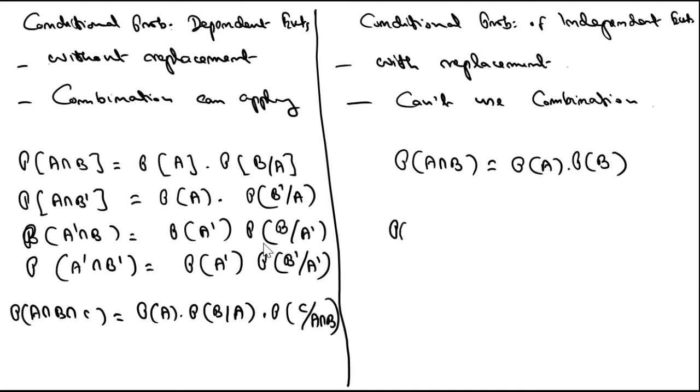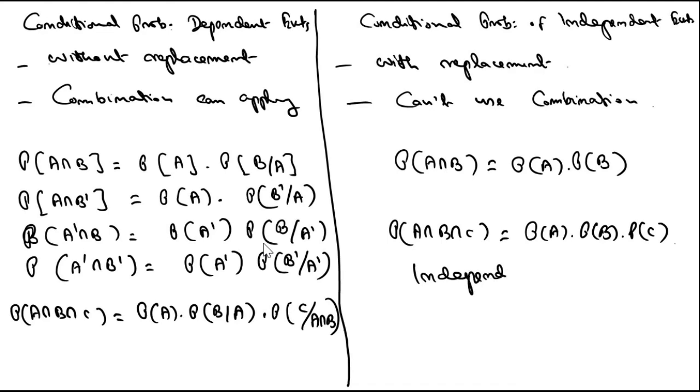Here generally we can say that probability of A intersection B intersection C equal to probability of A into probability of B into probability of C. So independent events. These are the main concepts.